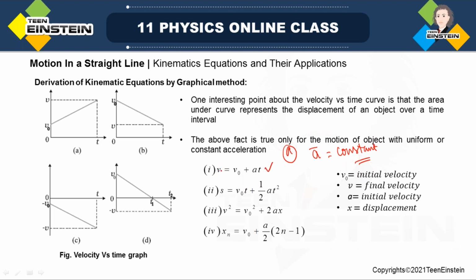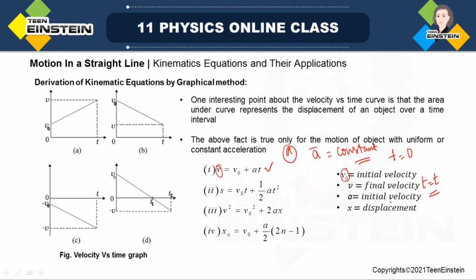Now the kinematic equations which we are going to derive today are these. The first one is v = v0 + at, where v0 is the initial velocity, that means at t = 0 the velocity of the object is v0, and v is the final velocity after a certain time interval, at time t.